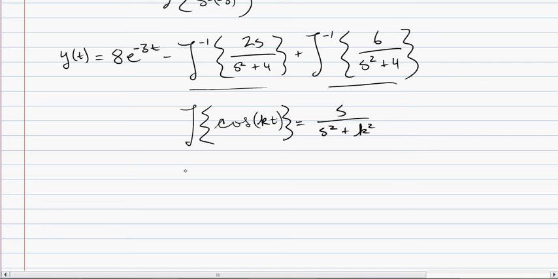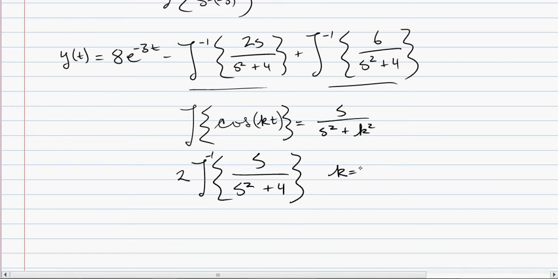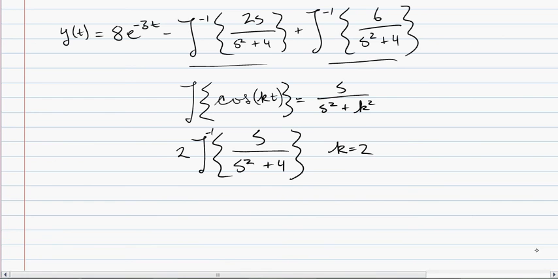So we're just going to pull the 2 out. I'm going to write 2 L inverse of s over s squared plus 4. So we can see that our k is going to be equal to 2, and this guy is going to be equal to 2 cosine of 2t.